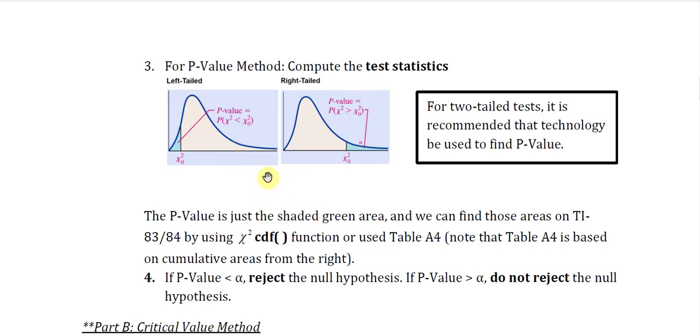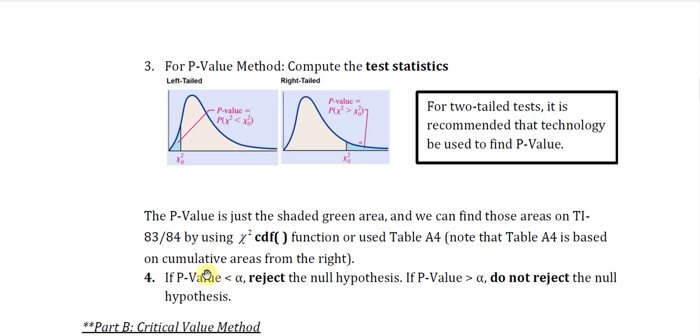For the student t distribution, we use the t CDF. For the normal z, we use the normal CDF. For the chi-square, we use the chi-square CDF. CDF stands for the cumulative area of that statistic, or you can use table A4 to find the area, but please note that table A4 is based on cumulative areas from the right of the test point.